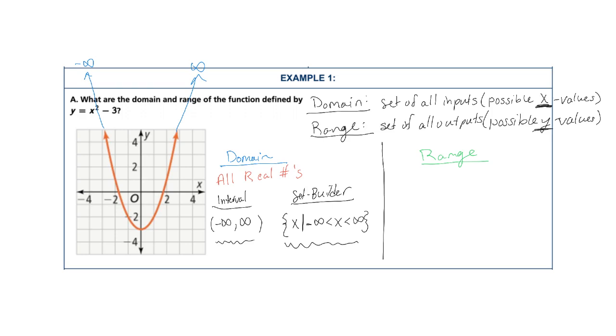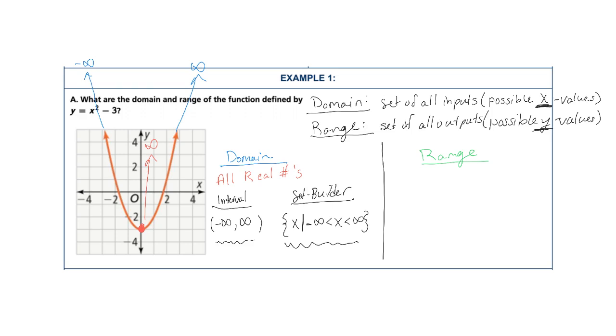So when we look at this as our function, it goes up. So it continues to infinity for the y values. Now, we can see that it stops at a certain point here. It does not continue all the way down to negative infinity on the y-axis.